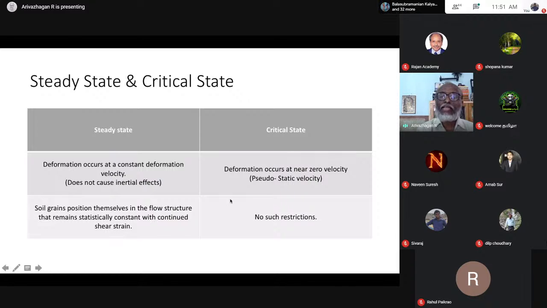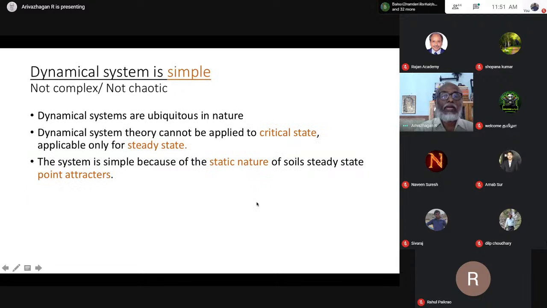There is no such restriction in the critical state. Therefore, the dynamical system is very simple, not complex, not chaotic. Dynamical systems are ubiquitous in nature. Dynamical system theory cannot be applied to the critical state, it is applicable only for the steady state. The system is simple because of the static nature of soils, steady state point attractors.